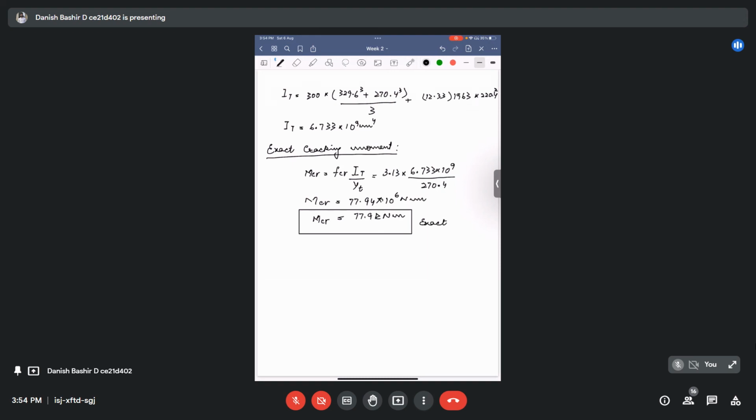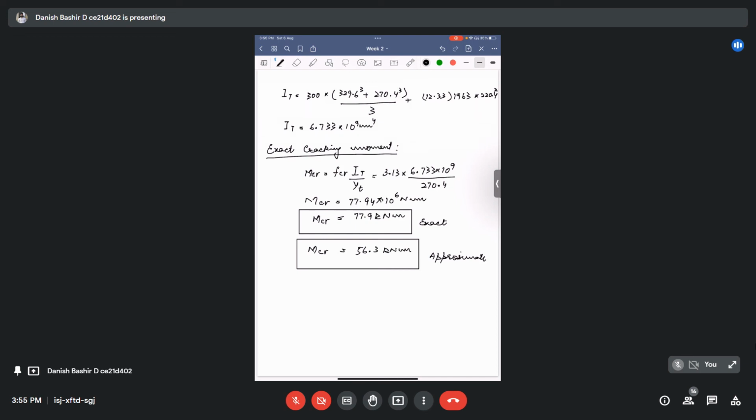We first calculated an approximate Mcr, which was 56 point something, or 56.3 kilonewton meter. This is approximate. When we consider the gross section of the concrete, we underestimated the cracking moment.